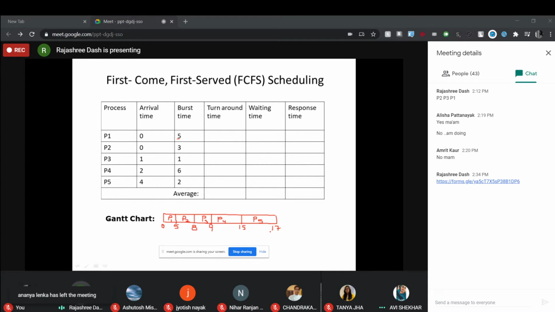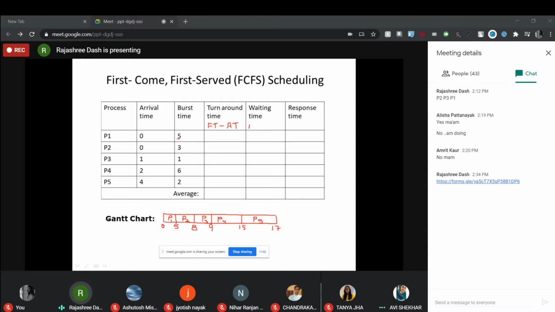Now looking at the chart, fill the table for the turnaround time, waiting time and the response time. Turnaround time you can calculate from the finish time and the arrival time: finish time minus arrival time.